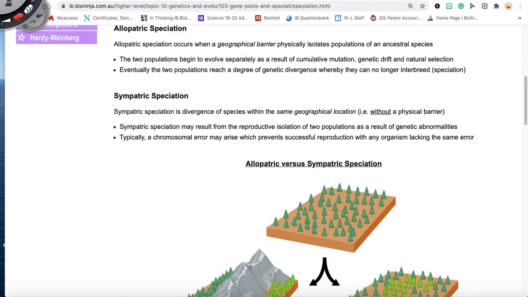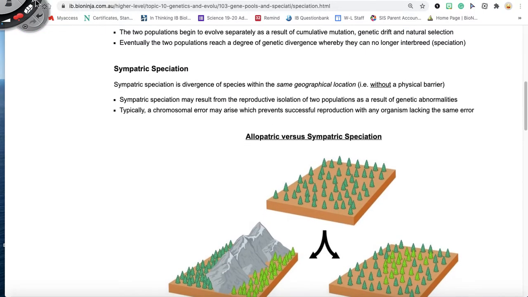The population that is separated, as shown in this diagram, begins to evolve separately. So now you have two populations that begin to evolve separately, and all of this is due to mutations, genetic drift, and natural selection. And they're going to get to a point where they're so different that they can no longer interbreed.